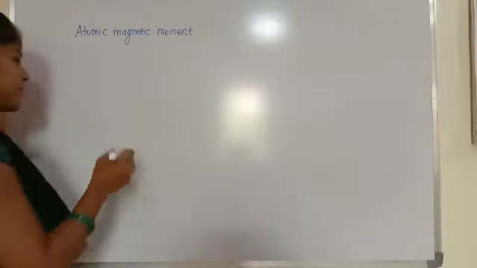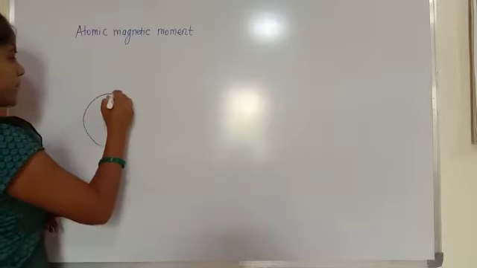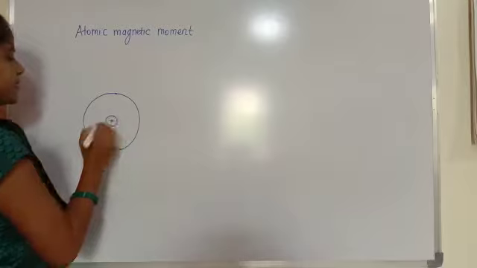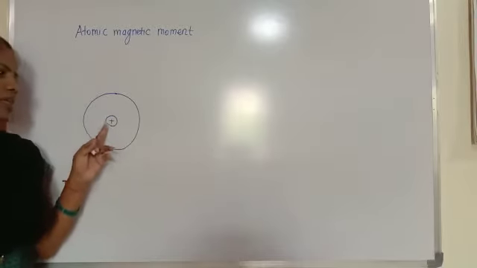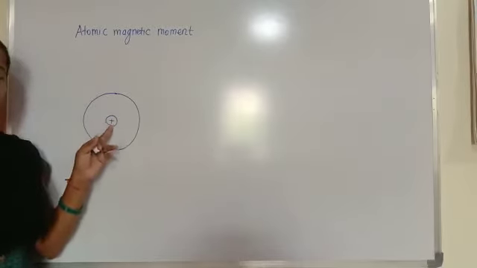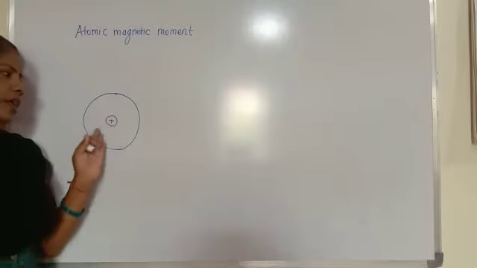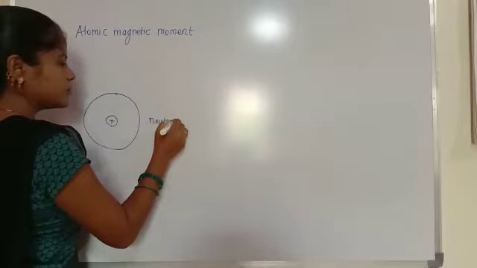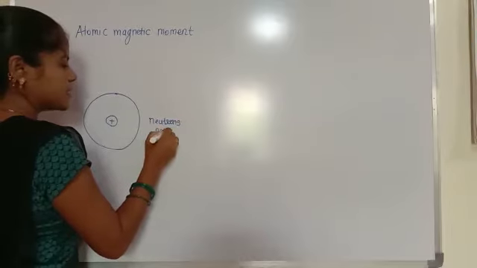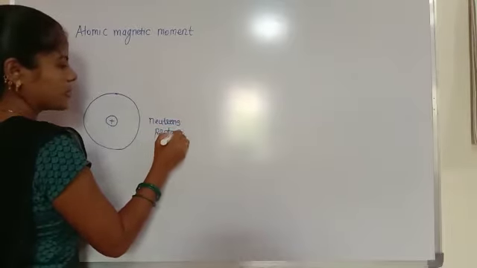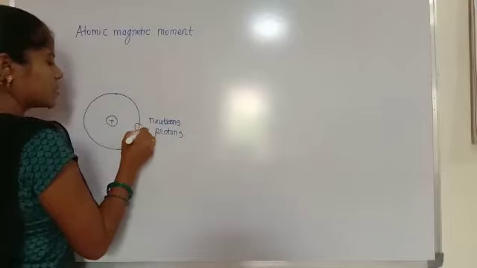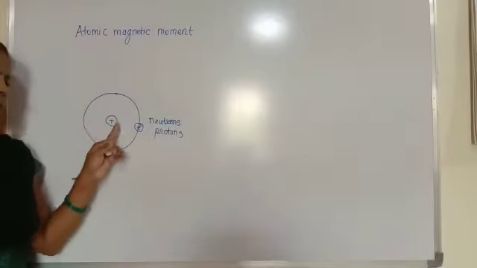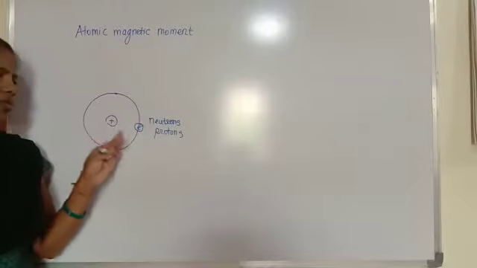In the nucleus there are neutrons and protons, and in the outer circular orbit, an electron revolves around the nucleus.